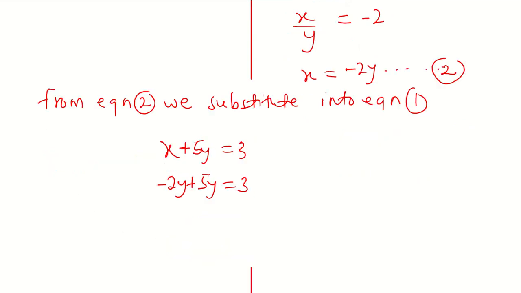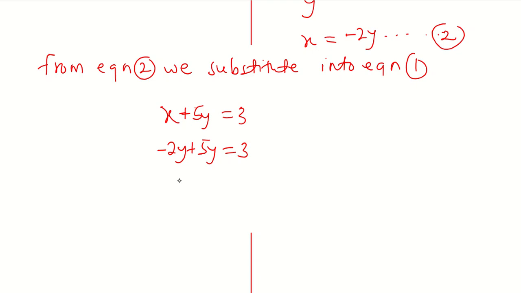And hence, minus 2 plus 5 gives us positive 3y which is equal to 3. And fast forward, we can find y by dividing by the coefficient of y at both sides of the equation. And now, our y value is equal to 1. And this becomes the value of y.